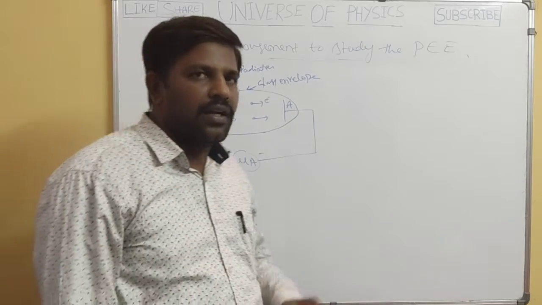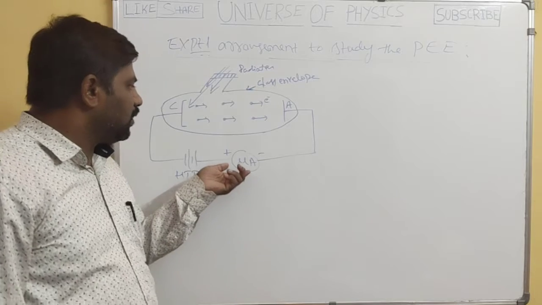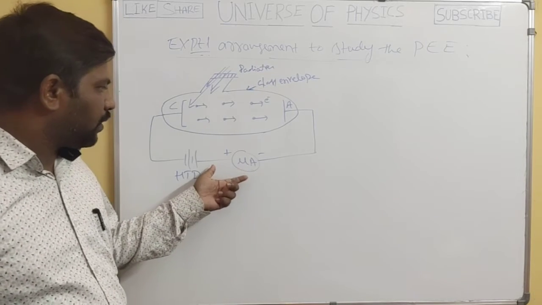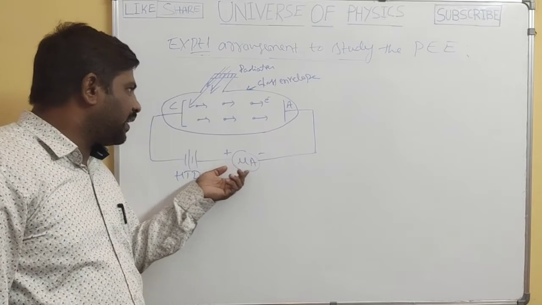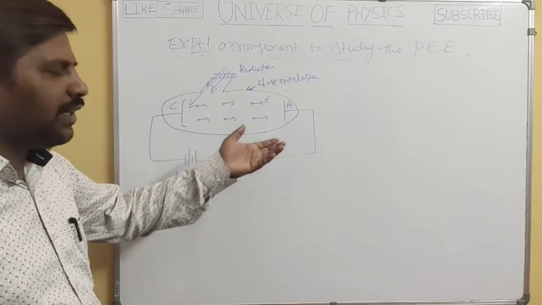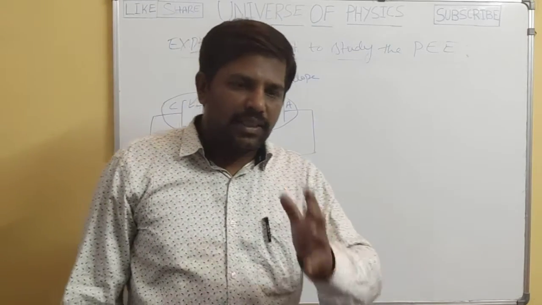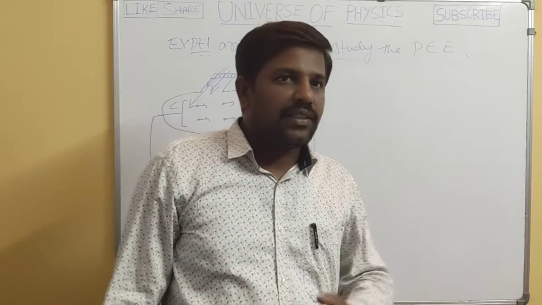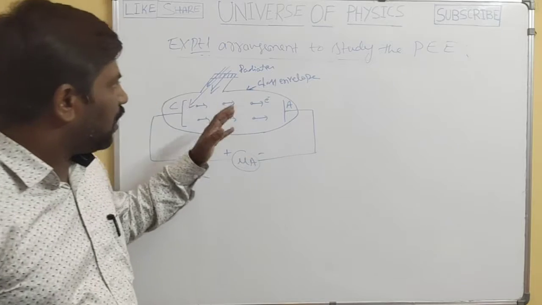We can observe it with the help of the micrometer or galvanometer connected between the cathode and the anode. It shows a certain deflection that indicates the presence of photoelectric current in the circuit. This is about the construction and experimental arrangement and how it works.